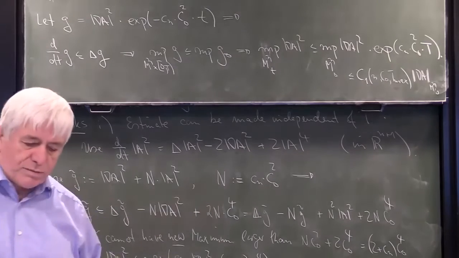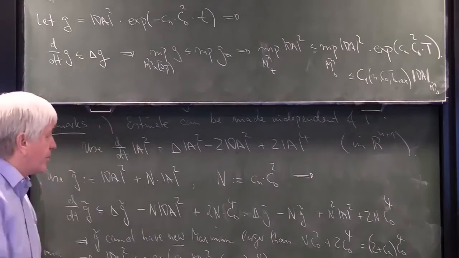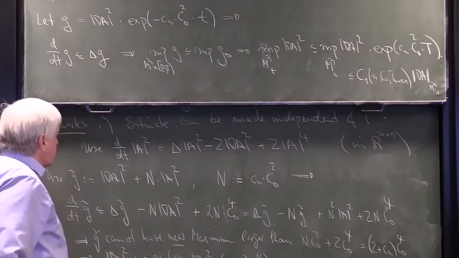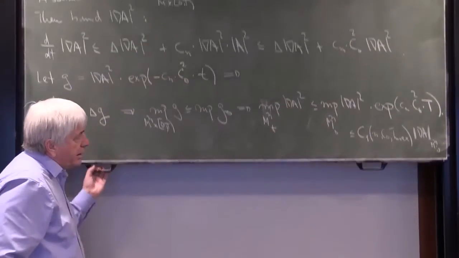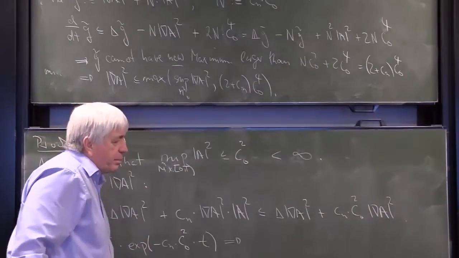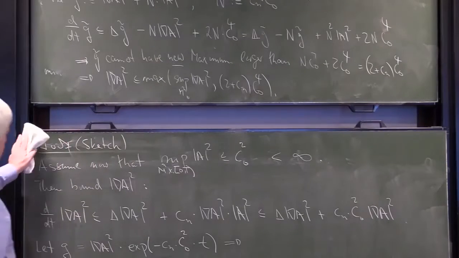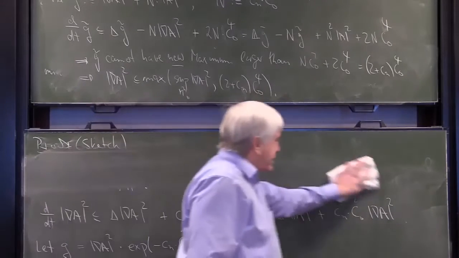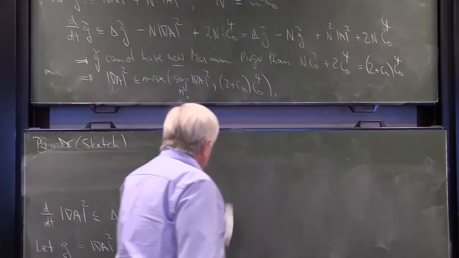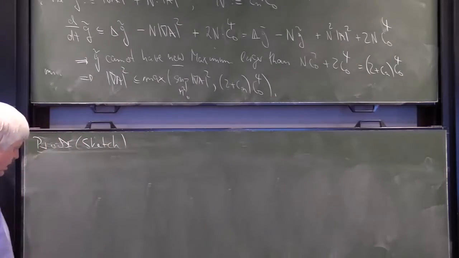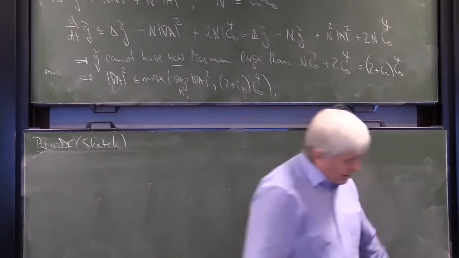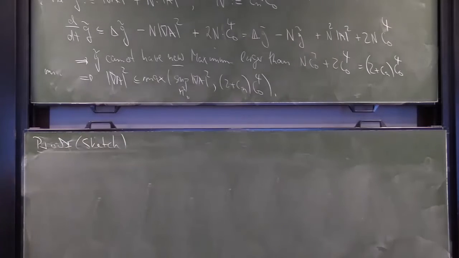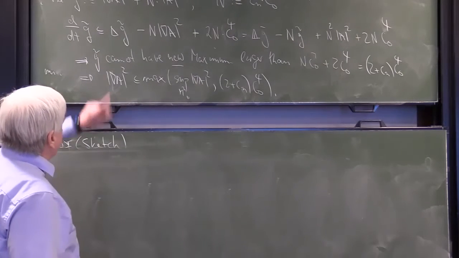And you can also do this for all the higher derivatives. The second remark I want to make is that this estimate is still dependent on the initial data. It turns out you can even make the estimate independent of the initial data by squeezing a t in there.